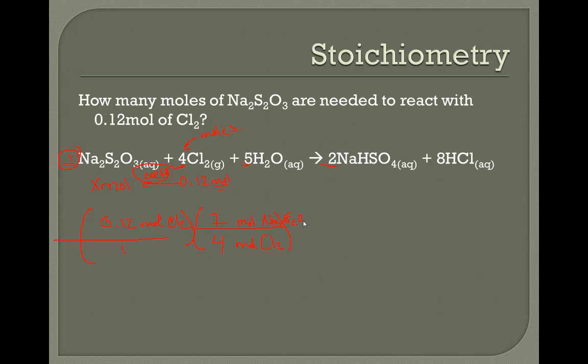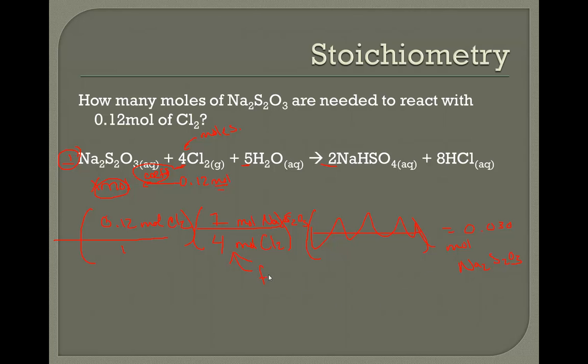So it's 0.12 times 1 divided by 4. And that's it. Notice also where you're coming from is on the bottom, where you're going to is always on top. That's another way you can look at it.